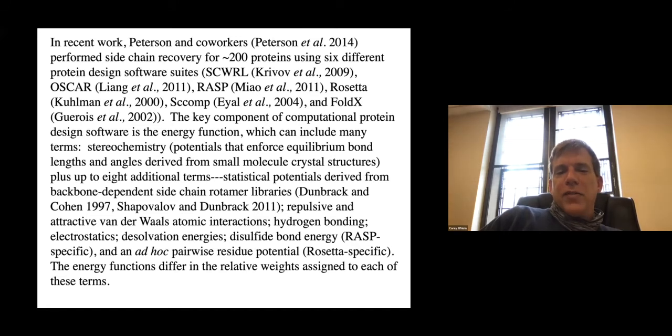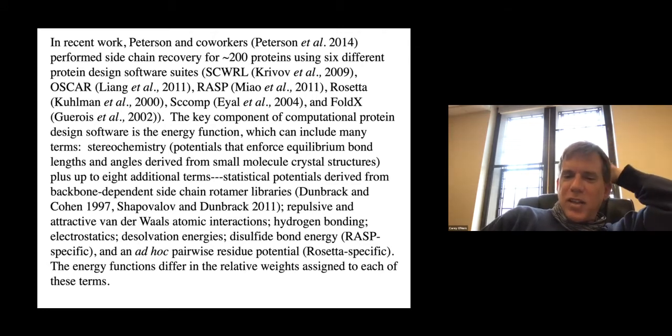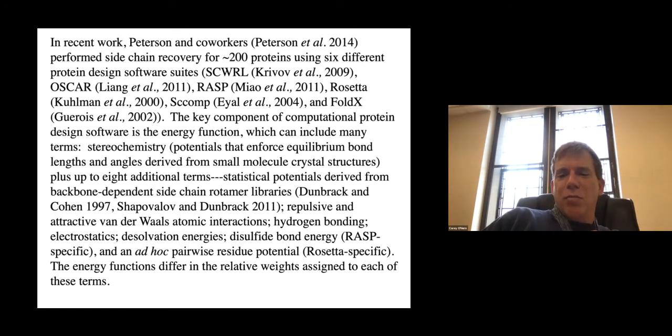And then they include lots of additional terms: statistical potentials that bias the side chain rotamers, repulsive and attractive van der Waals interactions, hydrogen bonding, electrostatics, disulfide bonds. And the last one I don't like, ad hoc pairwise residue potential. I don't like anything that begins with ad hoc, because that's synonymous with wrong.